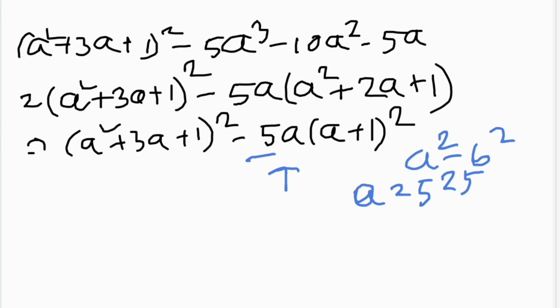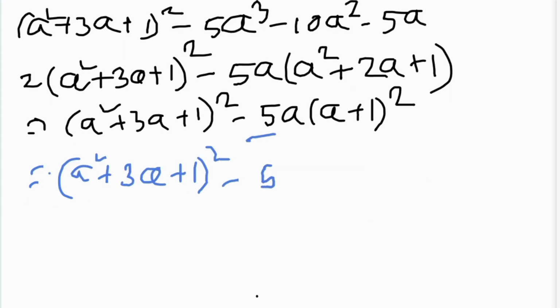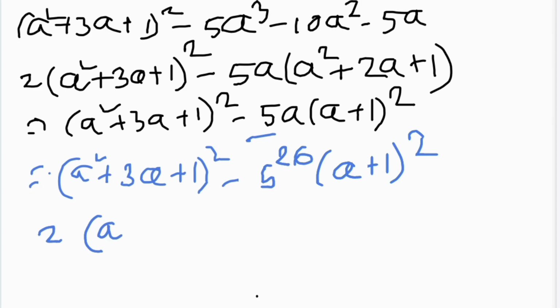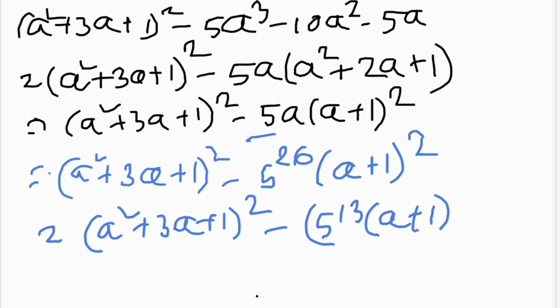And here is one 5 associated with this number, and that can give us an even exponent, right? So next, (a^2 + 3a + 1)^2 minus 5 into a, and a is 5 raised to the power 25. So this becomes 5 raised to the power 26 into (a + 1)^2. So next is (a^2 + 3a + 1)^2 minus, and we can take it inside this bracket, (5 raised to the power 13 into (a + 1)) whole squared.